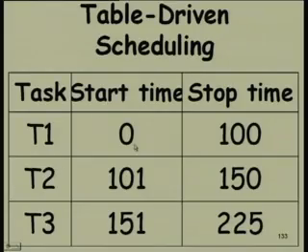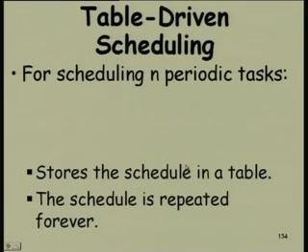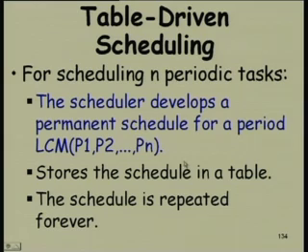Yes, we will see how to do that. Okay. So, for each task, for each time we will have to set up a timer, and now let us say we have n tasks, then the scheduler develops a permanent schedule for periods P1, P2, ..., Pn over the LCM. Why is that?